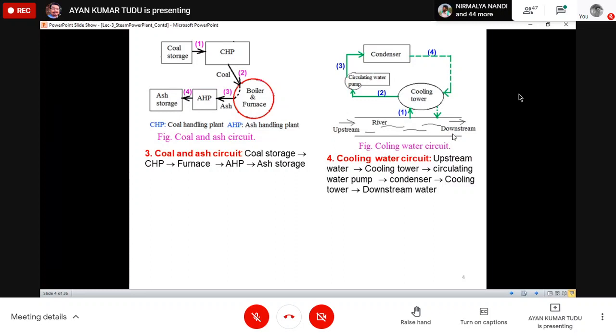So generally what happens, as I was telling, is that this heated water is cooled in a spray pond, or through a cooling tower, and then recirculated back into the condenser.